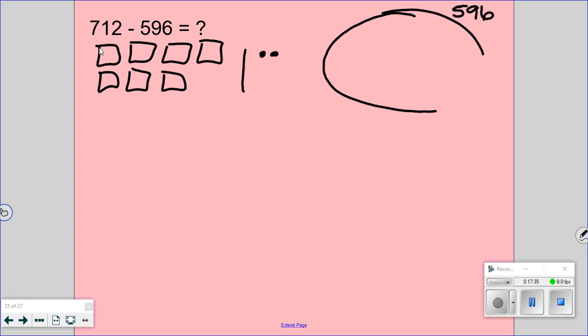What do you want to build 596 with first? We could move our hundreds, we could move some tens, we could move some ones. I don't care. What do you want to move first? Ava? 500. All right, Ava wants to move 500. I'm going to cross out 500, 1, 2, 3, 4, 5, because they have now appeared over here.